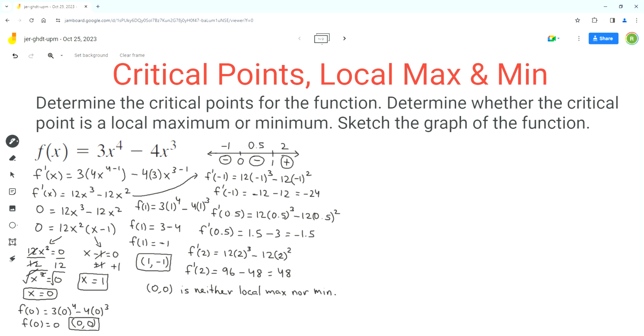That means there is a local minimum at the other critical point, at 1 comma negative 1. So now we have answered the second part, and now we can sketch the graph of this function.